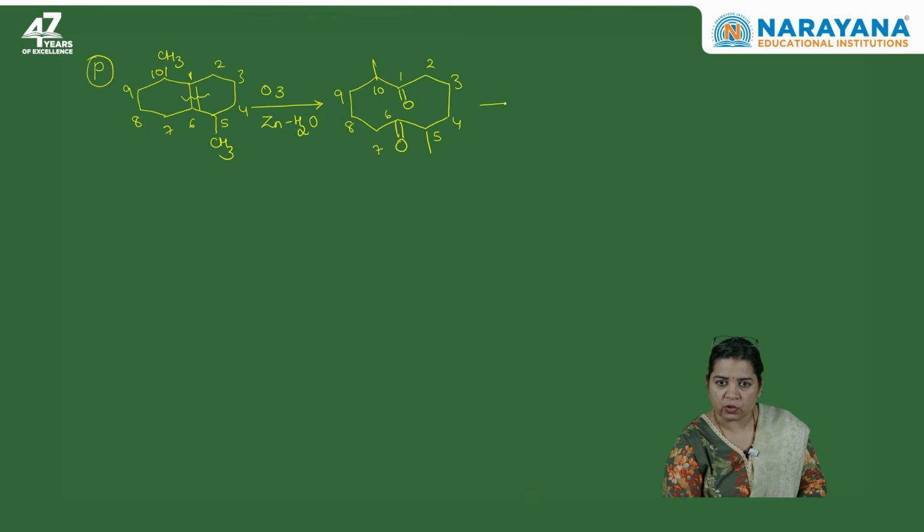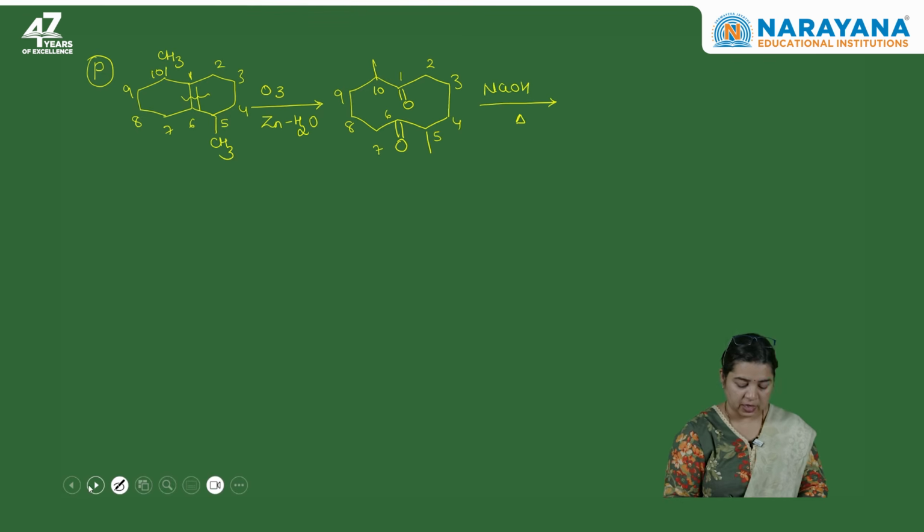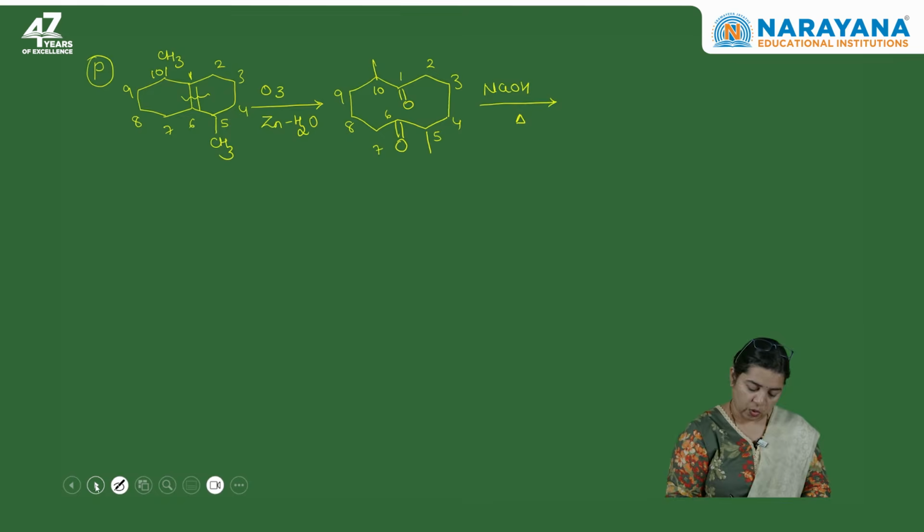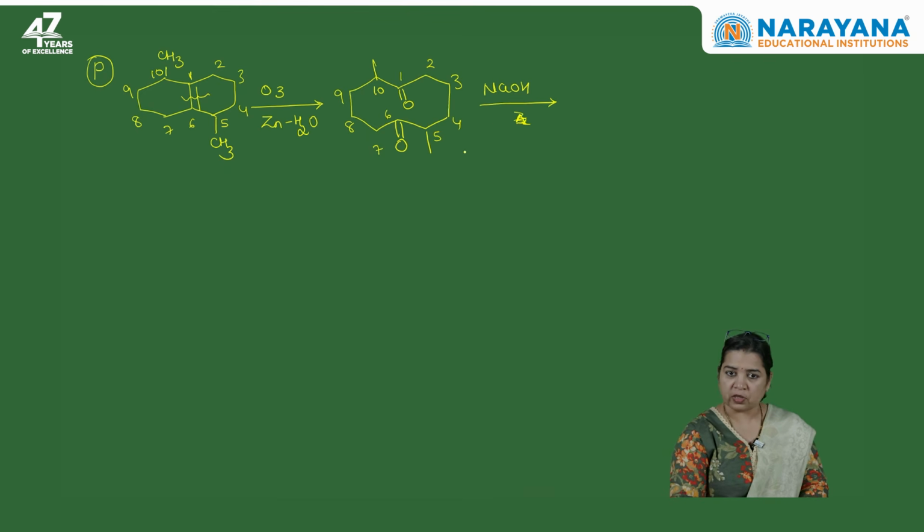This is after ozonolysis. Now we have to treat it with NaOH, heat, right? They have said in the question, followed by cyclization in the presence of aqueous NaOH, we have to use the more stable enolate. Okay, even heat is not given, so we won't be dehydrating, just adding.